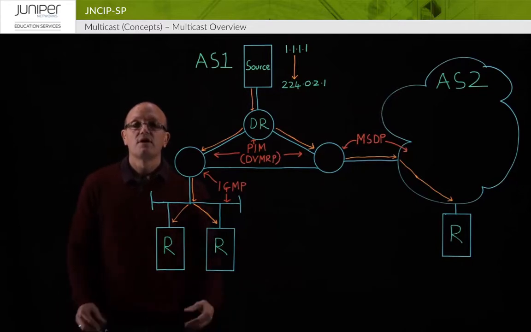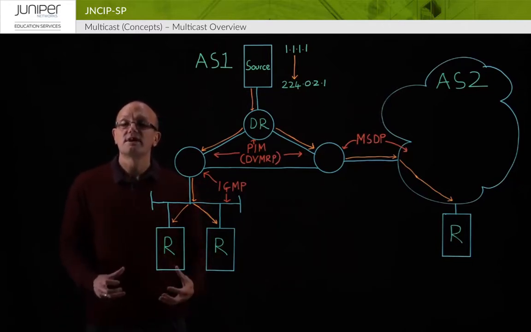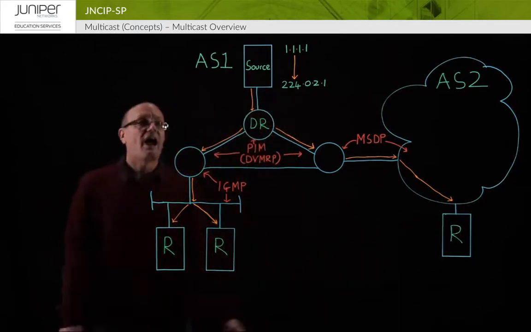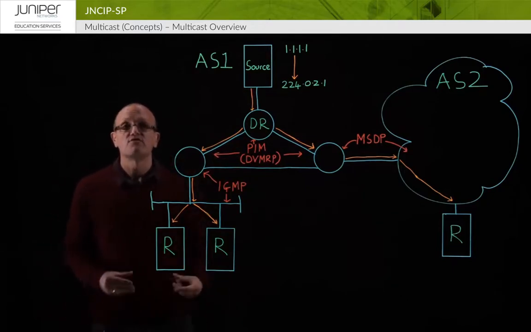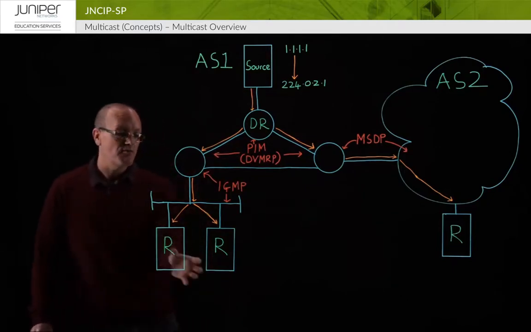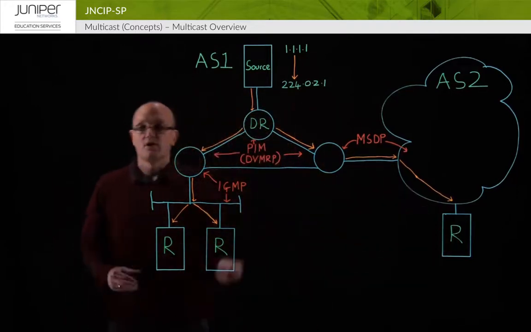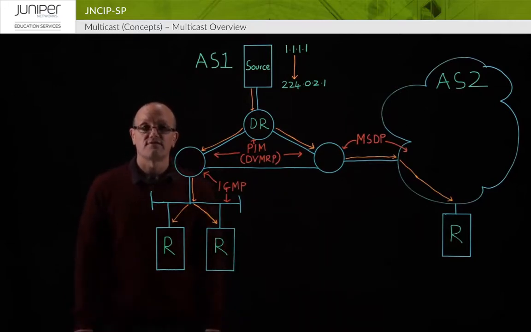protocols. The purpose of these multicast routing protocols is to build a forwarding tree between these receivers and the source of the traffic. What we're doing is we're trying to indicate from the receivers up through the network to the source that we are interested in the traffic.